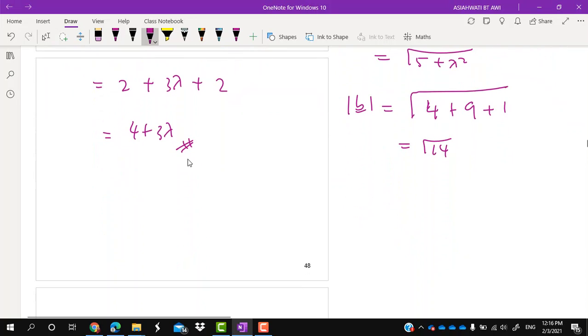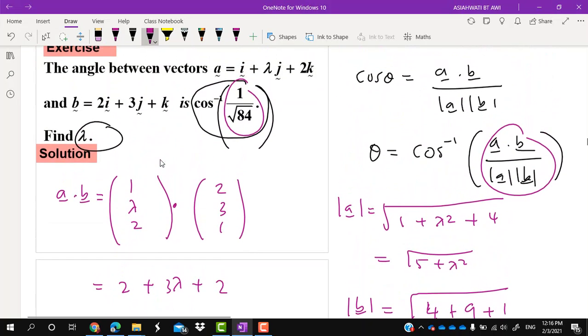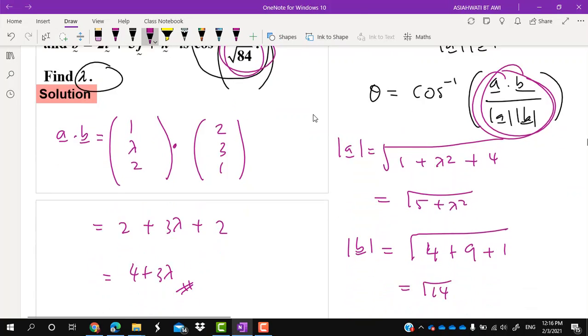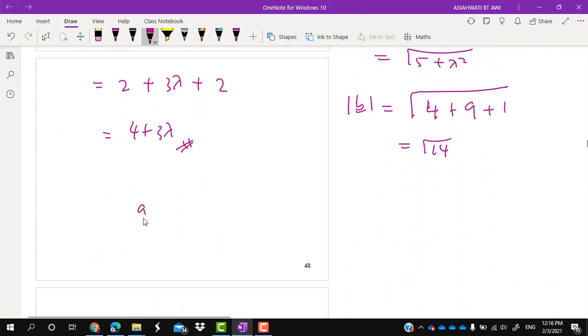From here it is equal to 1 over square root of 84. Vector A dot vector B over modulus vector A modulus vector B is equal to 1 over square root of 84.